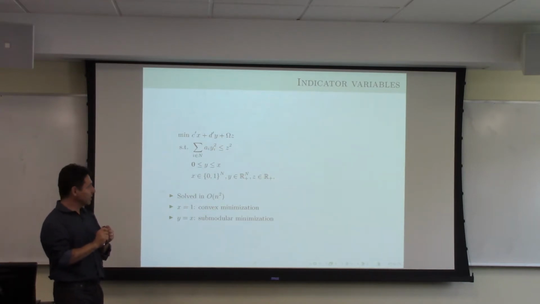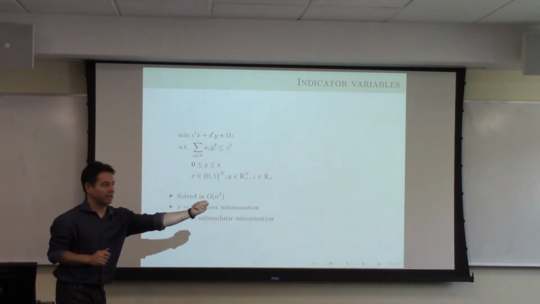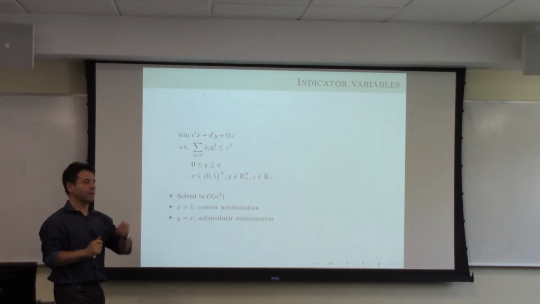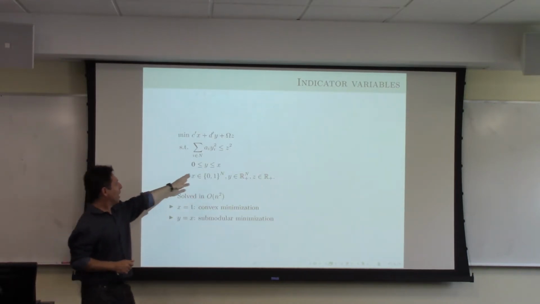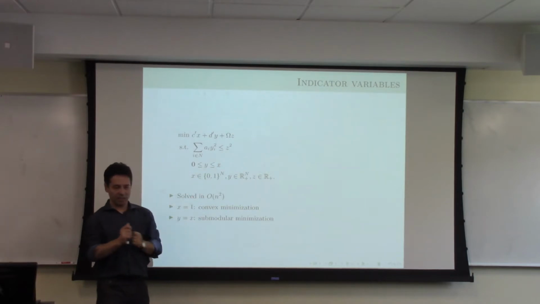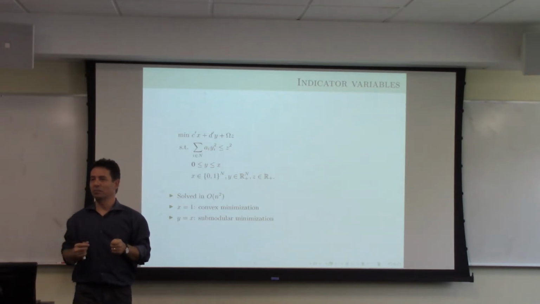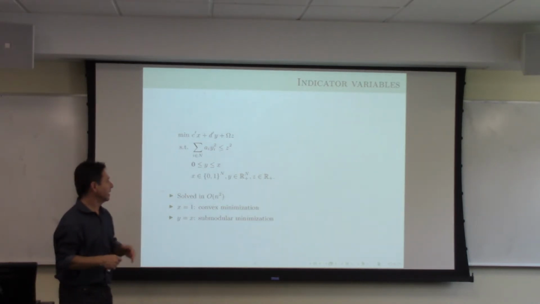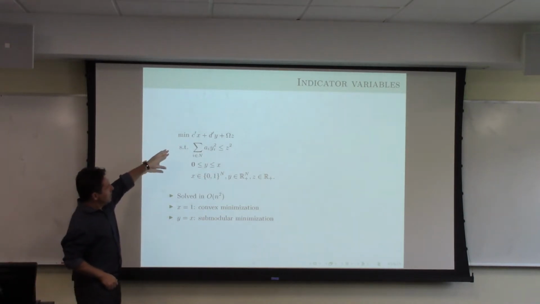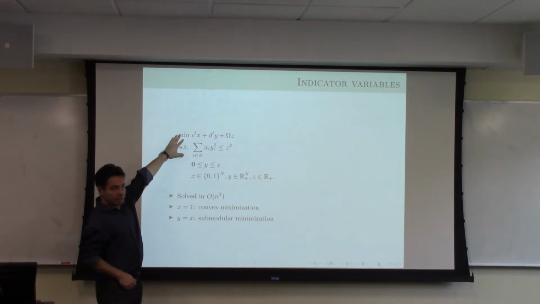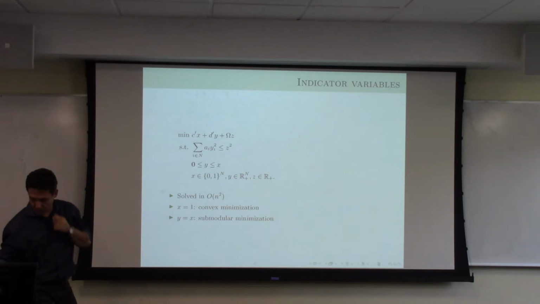So whether you open a facility or not is your x_i variable, and y will represent how much you send from facility i to customer j, let's say Amazon, facility i to customer j. So y's are your fractional variables, and x's are these indicators that are counting the number of open facilities or the number of stocks that you own. That's the typical use case. And your objective is typically on the y variables. Could be some x's as well, but the nonlinearity is typically on the continuous variables.